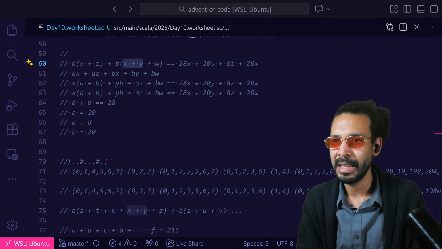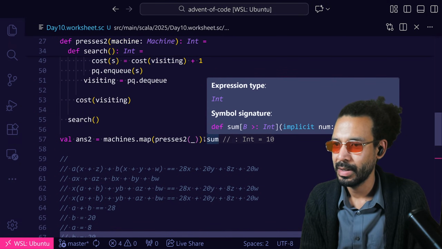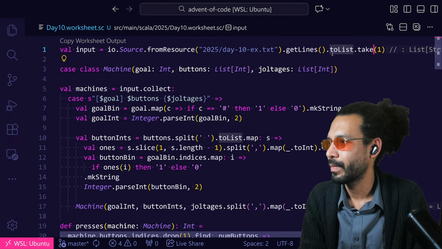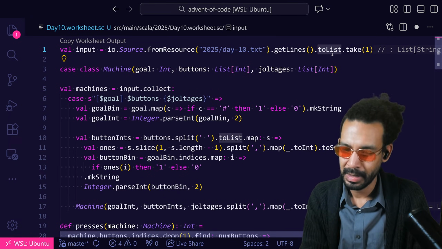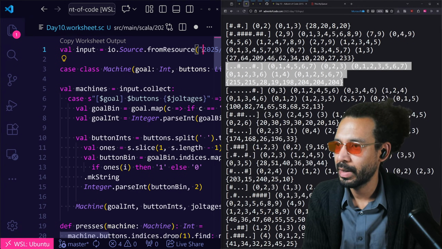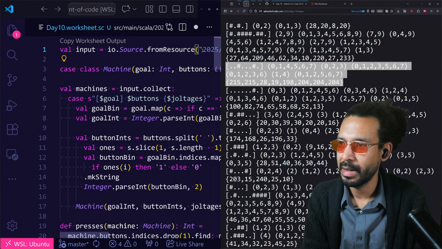I think any given equation I could solve. So if I were to do this for the problem set, let's do the one we're working on, which is line 3.